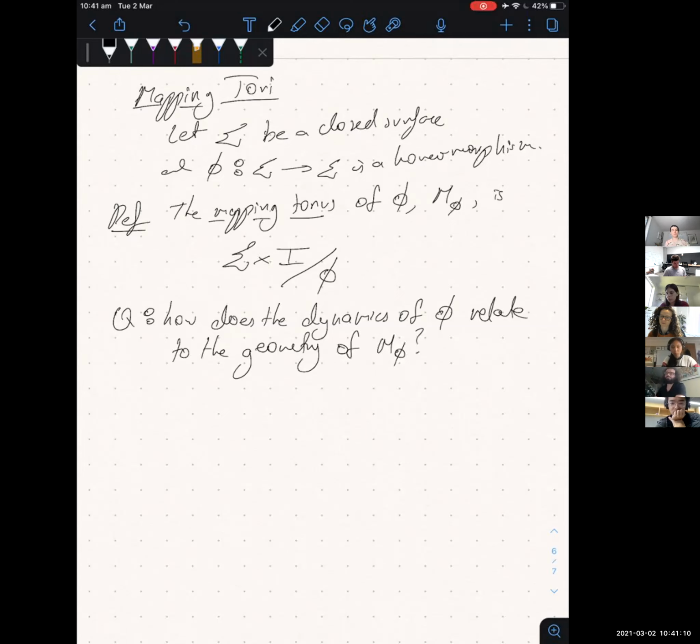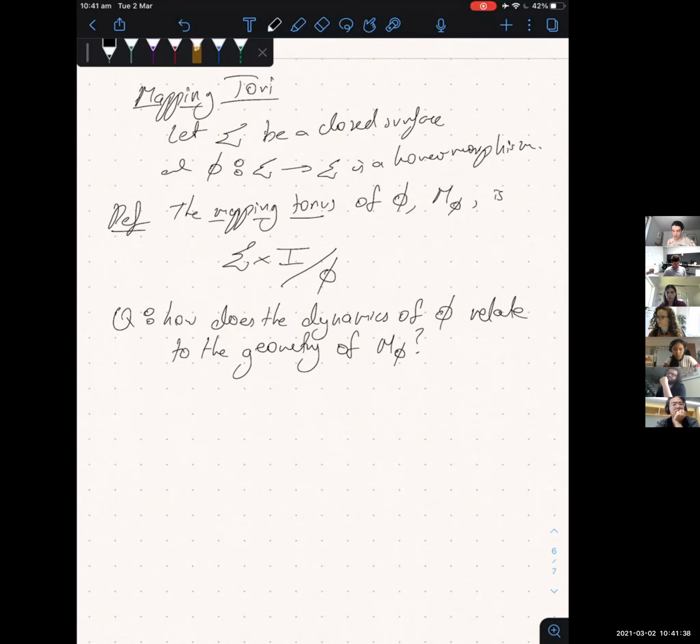Which I think is a pretty interesting question. In general, you're going to have lots of different maps that give you the same three manifold, which is to say that a given three manifold is in general going to have lots of different fibrations. And something that I'd be really interested to know about is what actually connects these maps. If they're going to give you the same three manifold, they feel like they should have something in common. But that's something that I don't know the answer to.